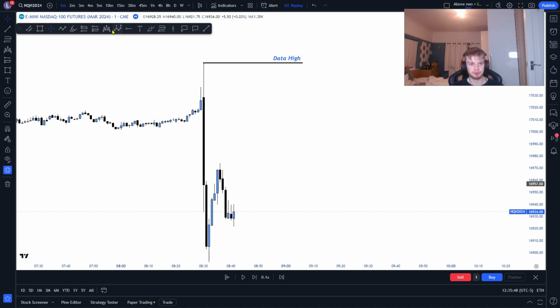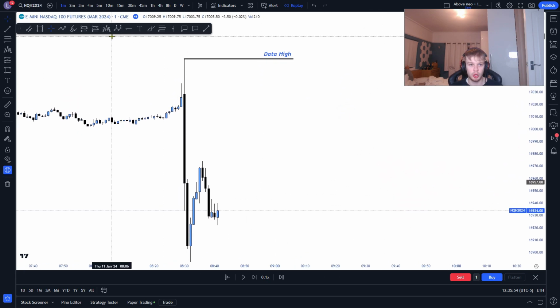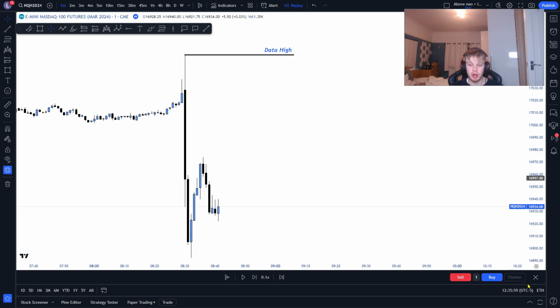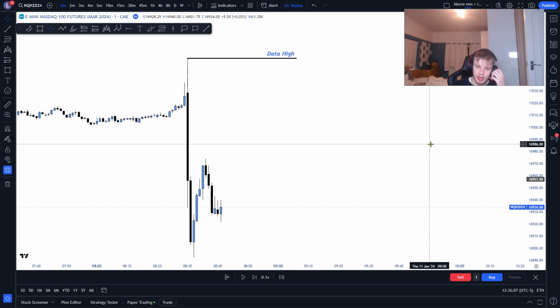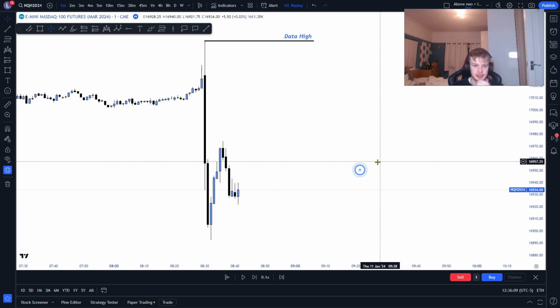As well as this being a swing high, this is actually a very good draw on liquidity. The data high does not have to get filled, but it has a very high chance of getting swept, or at least price trading towards that direction. So I had that in my mind going into CPI today.